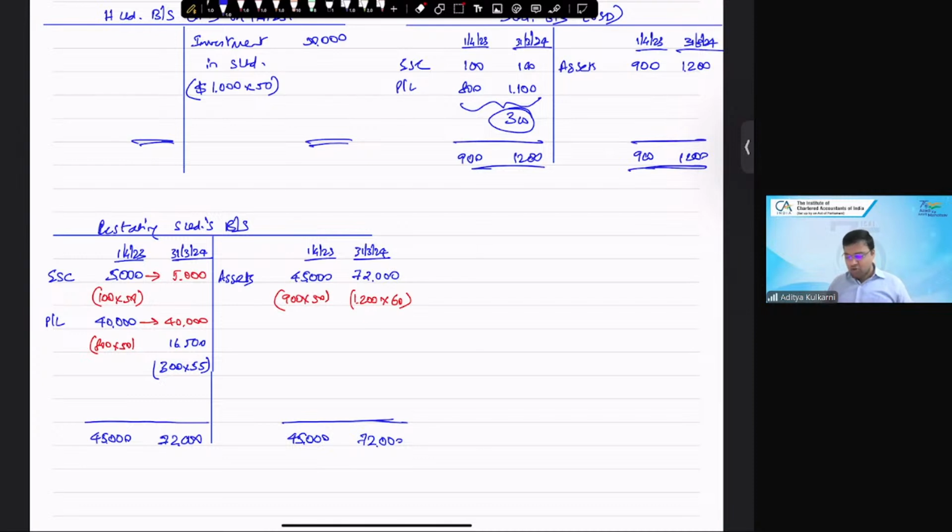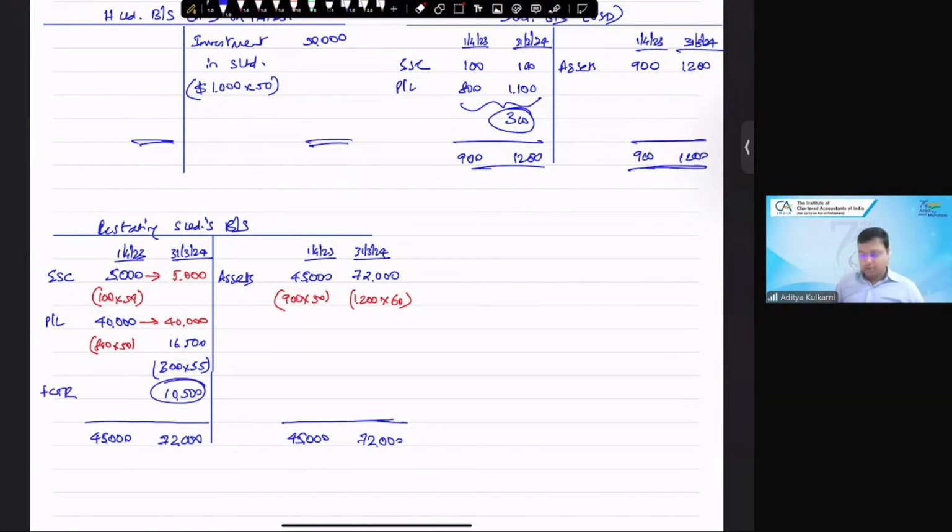So now when I do this conversion, 72,000 minus 45,000 minus 16,500 gives 10,500. What will this 10,500 be?